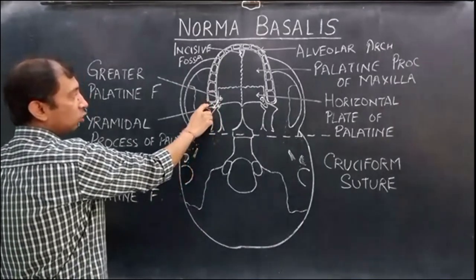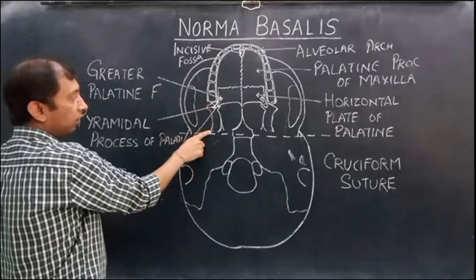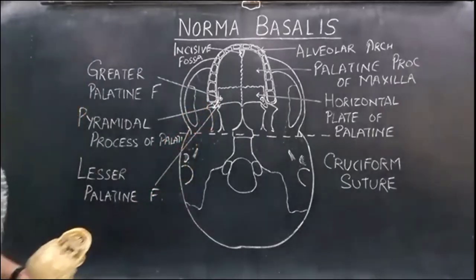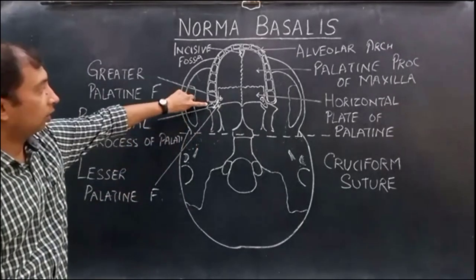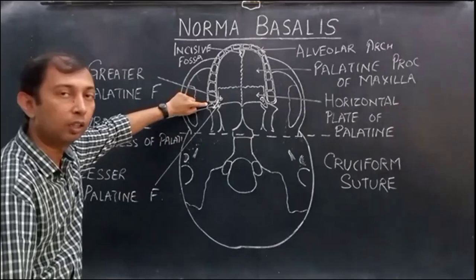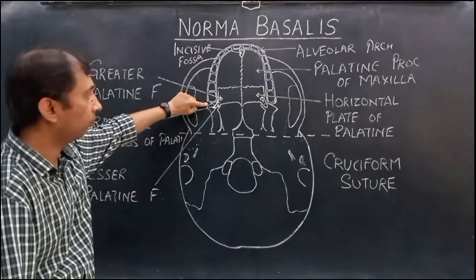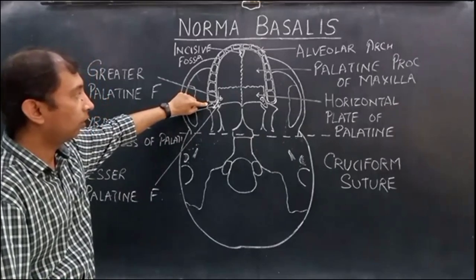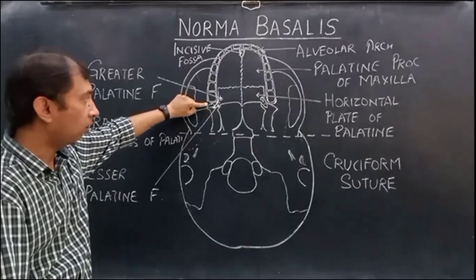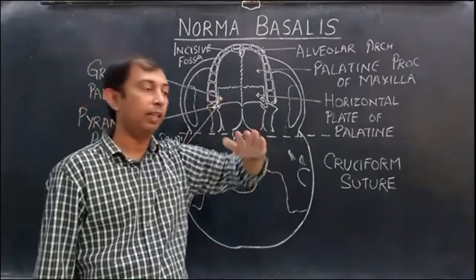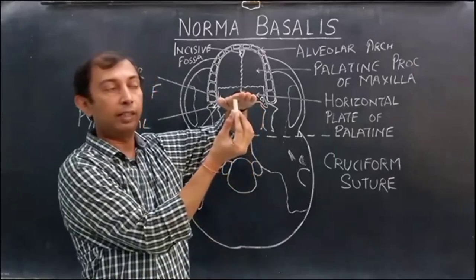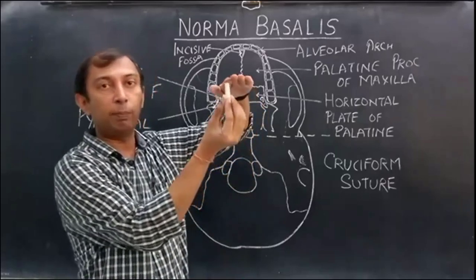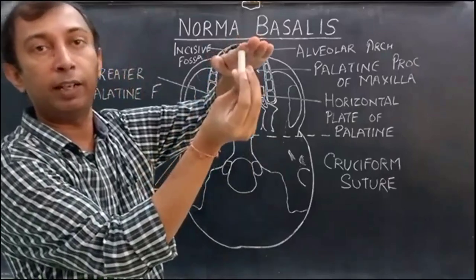So one confusion that we all have when we look at the picture. So these are the two ends of the pterygoid plates. So which of these is the superior one? Is this the superior one or is this the superior one? Is it superior or inferior? Inferior. So basically what is happening, this is the Norma Basalis and here is the pterygoid plate. Okay, this is the vertically running plate. This chalk is the pterygoid plate.